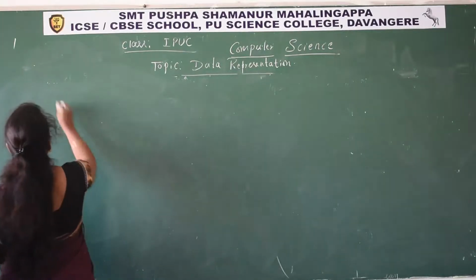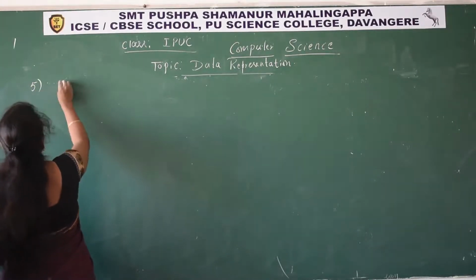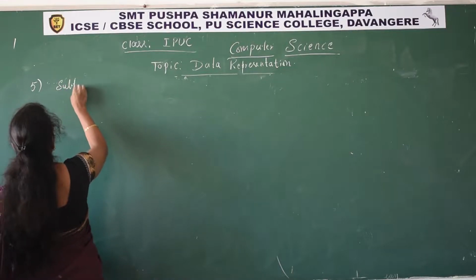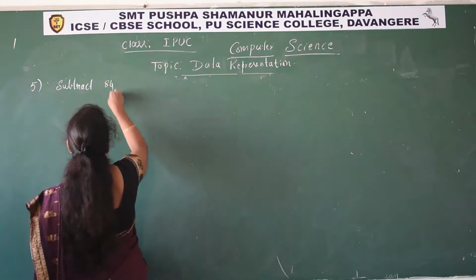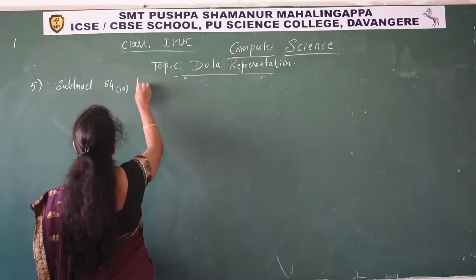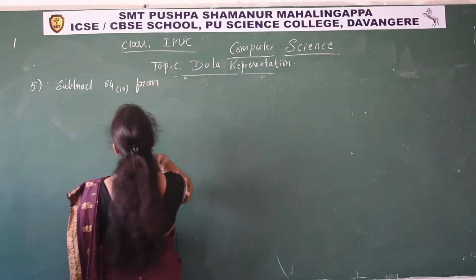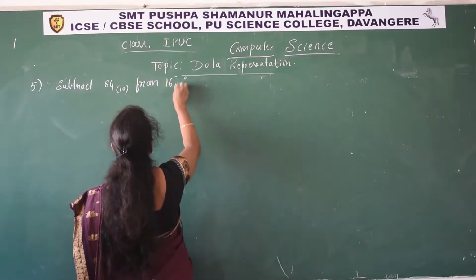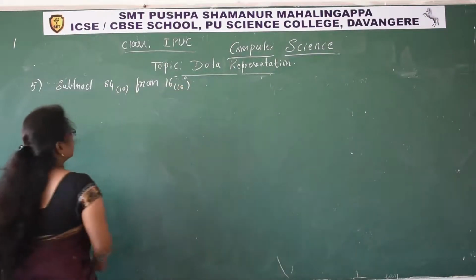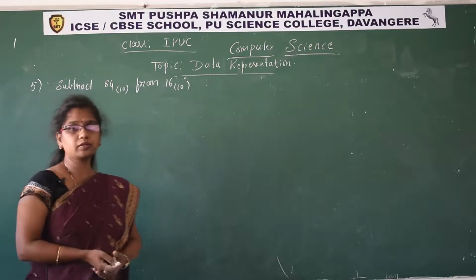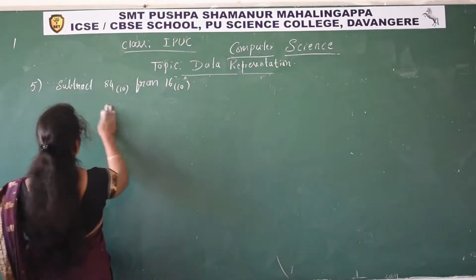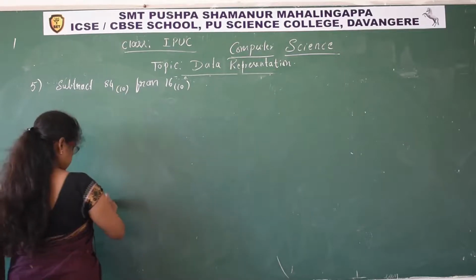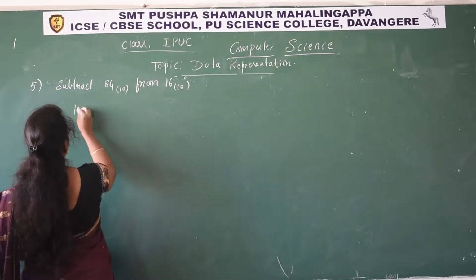Next, the fifth one: subtract 84 base 10 from 16 base 10. So here we are going to subtract a larger number from a smaller number. What is the binary representation of 16?